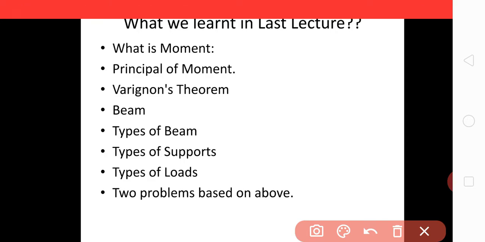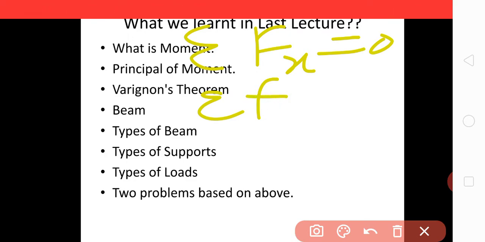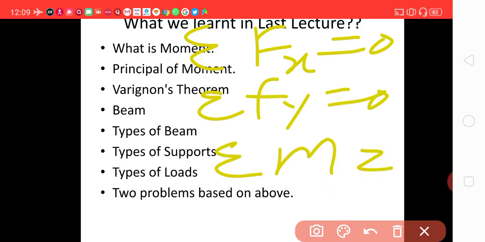Now, then we applied the principle of moment, in which we stated that if a body is acted upon by a system of coplanar non-concurrent forces and the body is in static equilibrium, then the conditions of static equilibrium are summation F horizontal equal to 0, summation F vertical equal to 0, and summation M equal to 0.